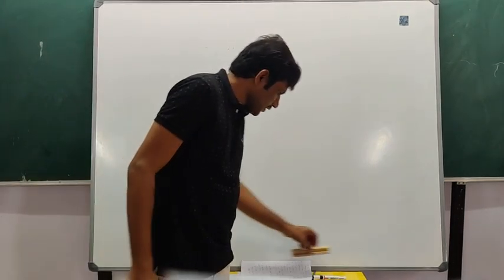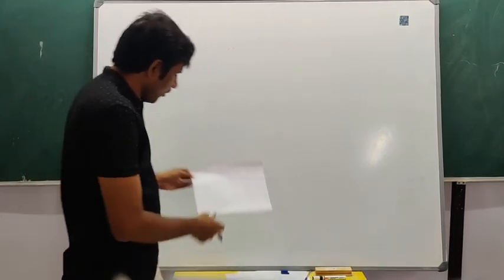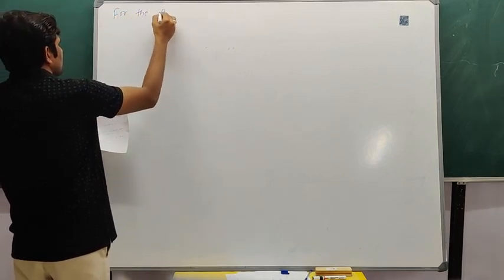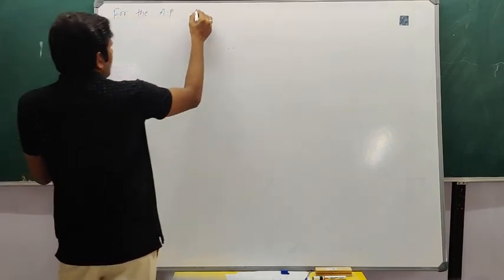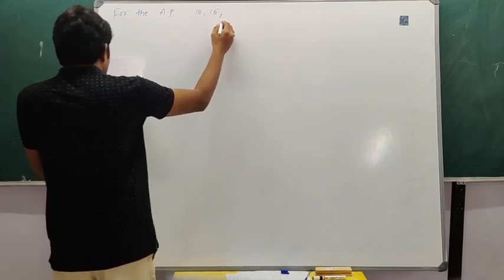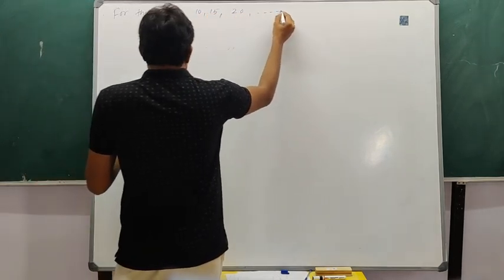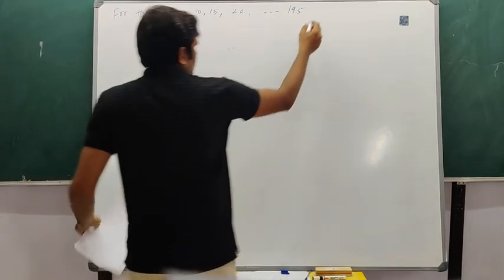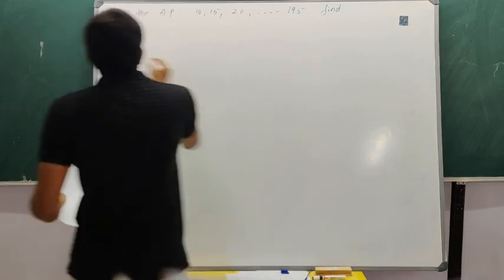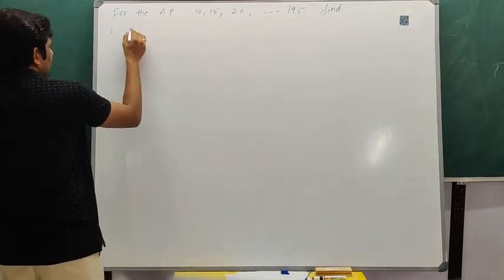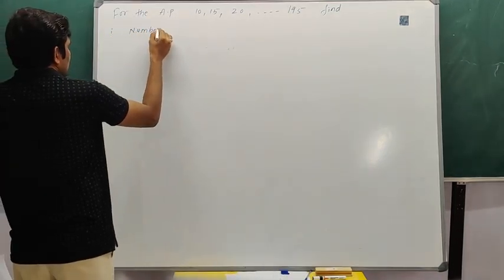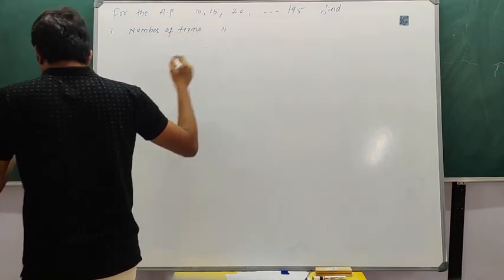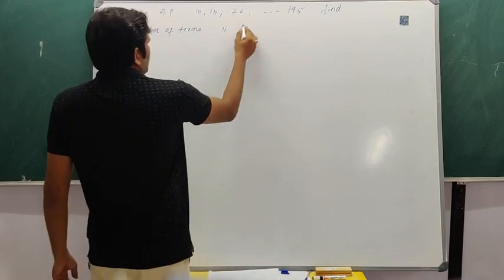Now dear students, next problem. For the AP 10, 15, 20, and so on up to 195, find first, the number of terms, and second, the sum of all its terms.